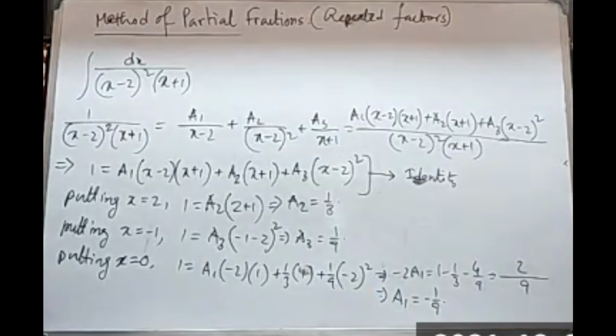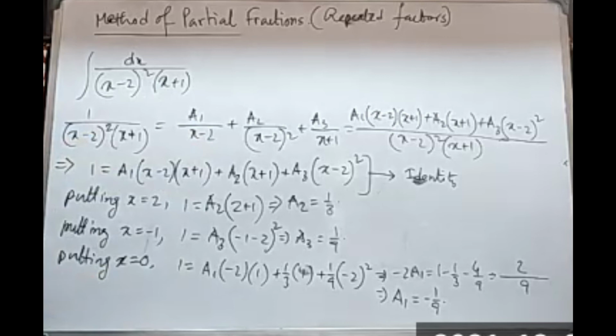So this is the way for the repeated factors. That means when you are having repeated factors, you may put one value other than the factors we are having. You may put x equals 0, or some other value depending on the factors.